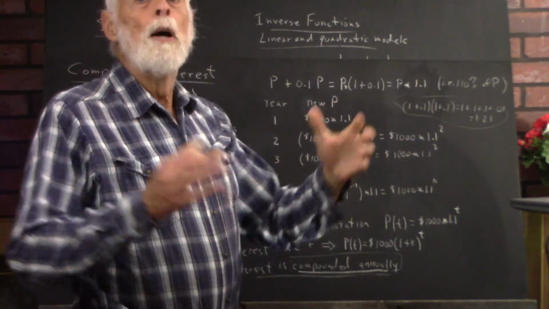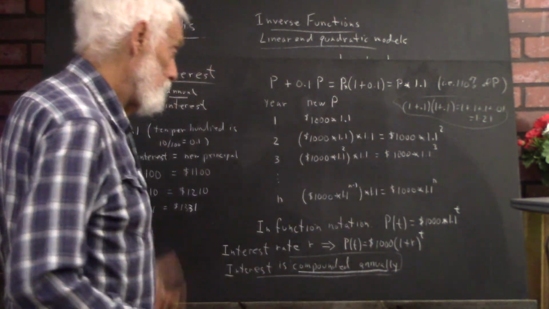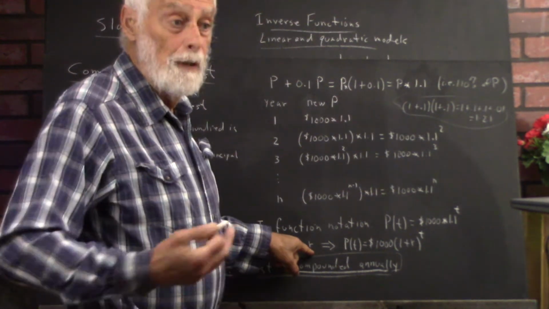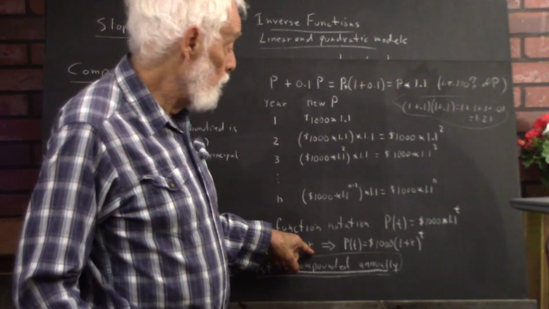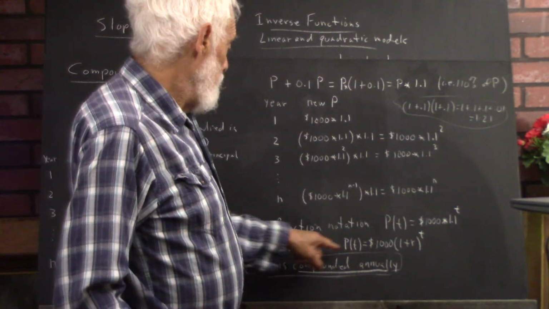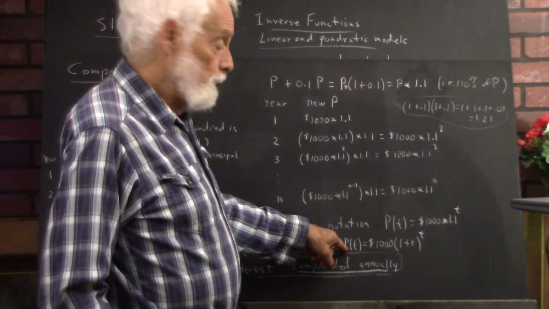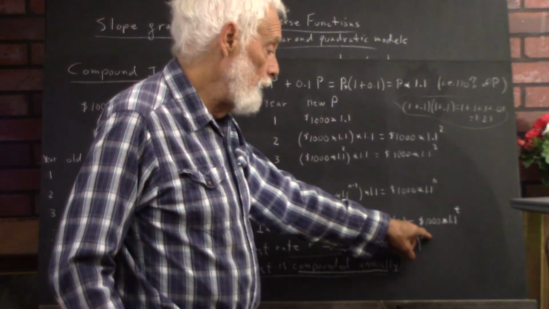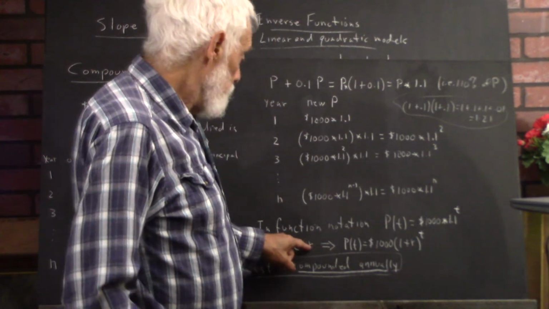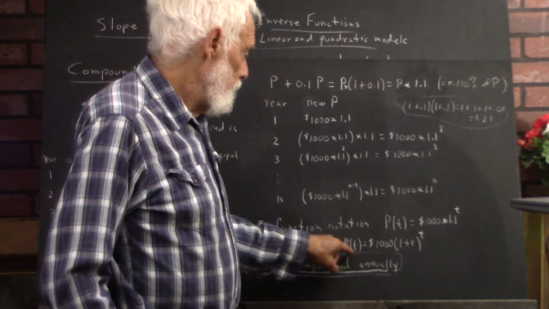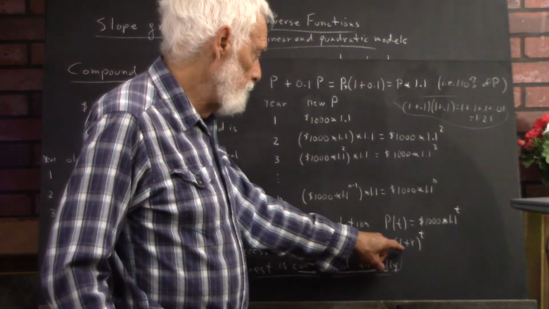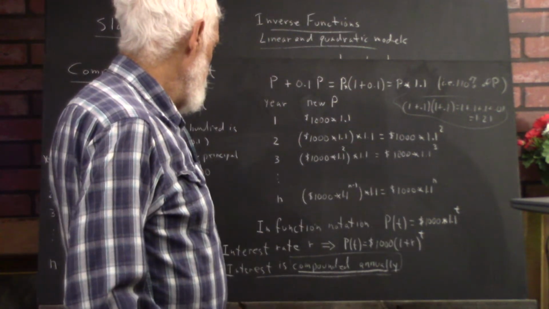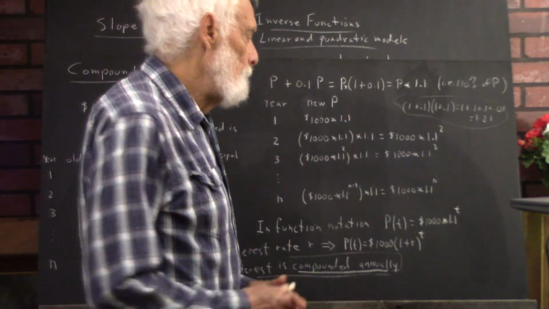The interest rate is 0.1, as we see here. So if you have 5% interest, r is 0.05. And your expression would be P of t is 1,000 times 1 plus 0.05 raised to the t. Whatever your interest rate is, your principal is going to be $1,000 times 1 plus that rate raised to the t. Okay, this is interest compounded annually.